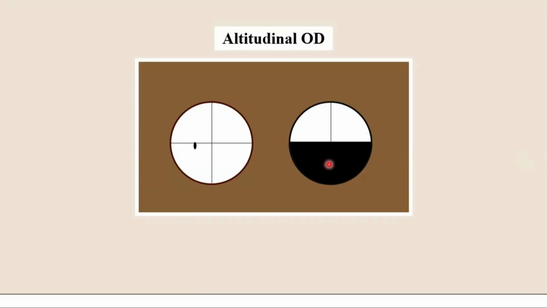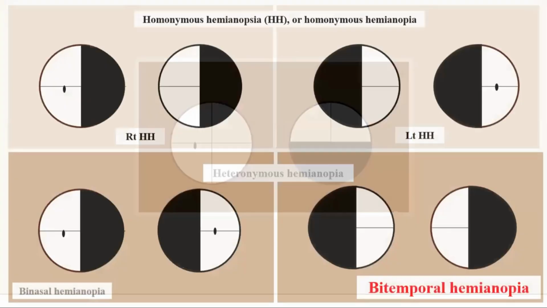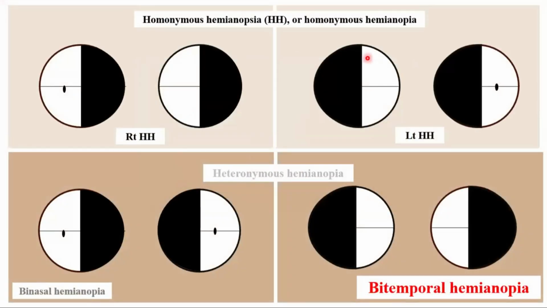If we have a defect involving the inferior quadrant, inferior temporal and inferior nasal, there is an additional step to see if this defect respects the horizontal meridian or not. But more importantly is this one. If we have a defect involving the upper and lower quadrant, whether it's temporal or nasal, you have to see if they are respecting the vertical meridian or not. And that's why there is a step called respecting the vertical meridian.